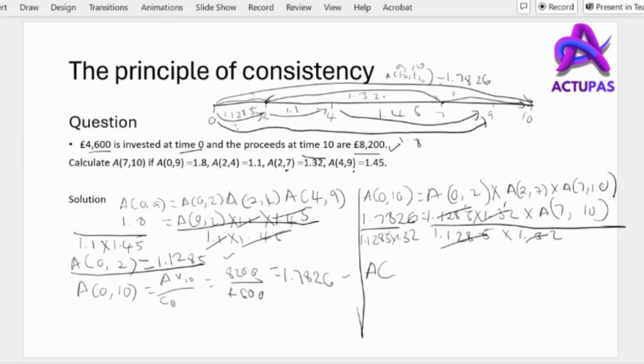It's now a 7 to 10 is equal to 1.7826 over 1.1285 by 1.32, which using a calculator, we find that a 7 to 10 is 1.1967. So we've computed a 7 to 10.